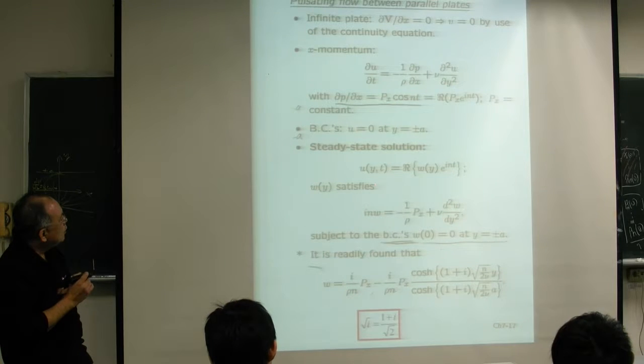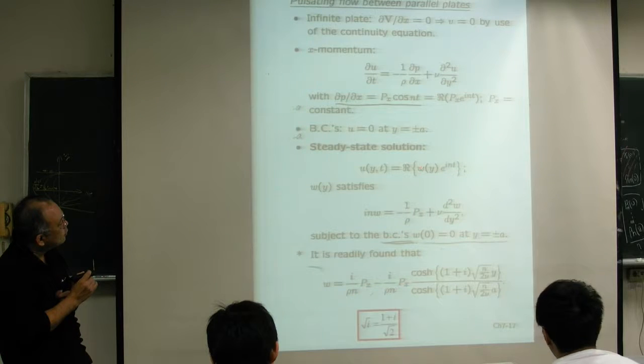First, we would like to find the solution form for this. Since our pressure is a cosine function, we can also separate our flow field by using separation of variables like this.